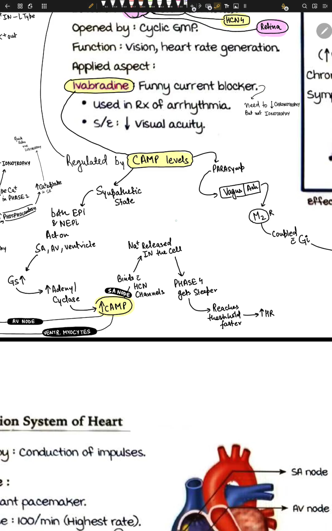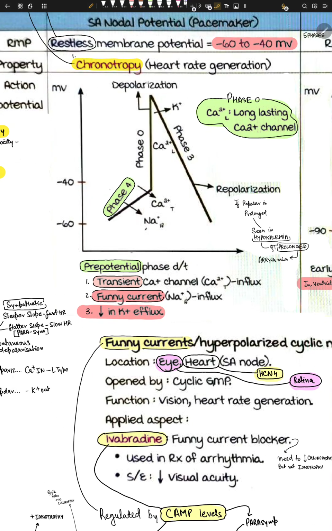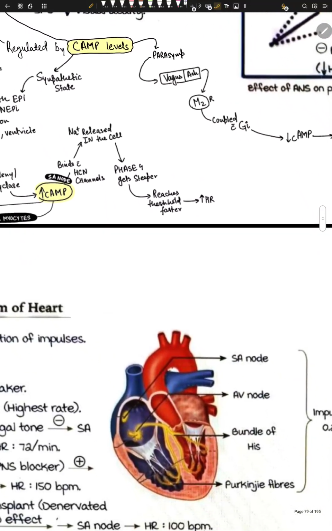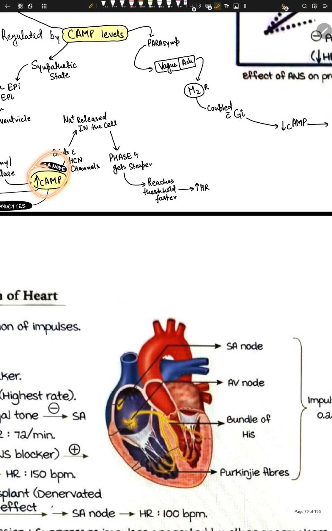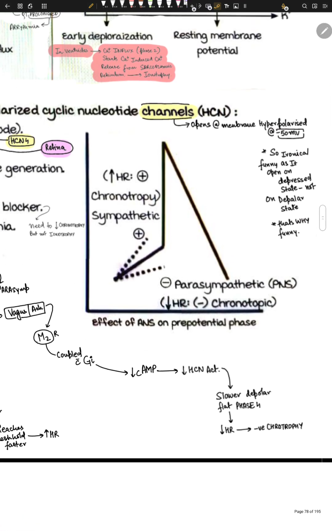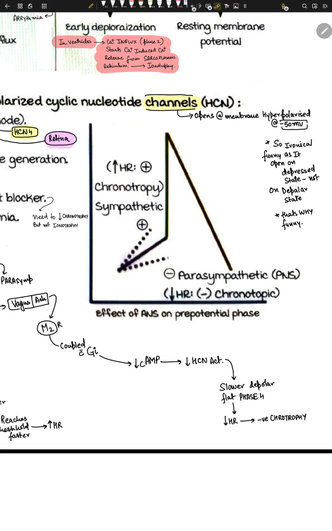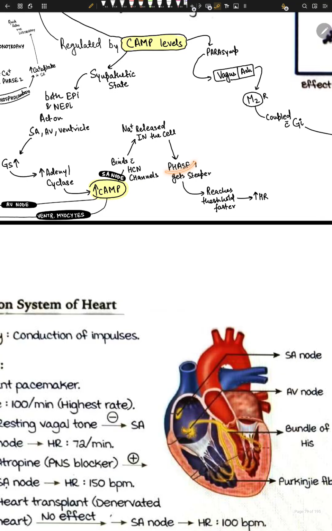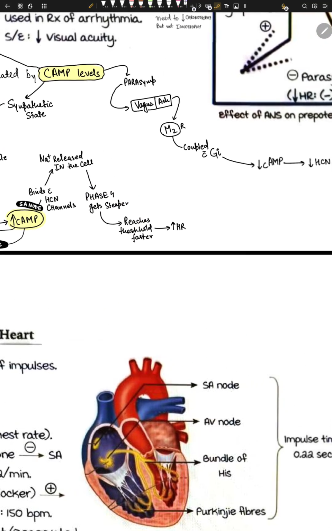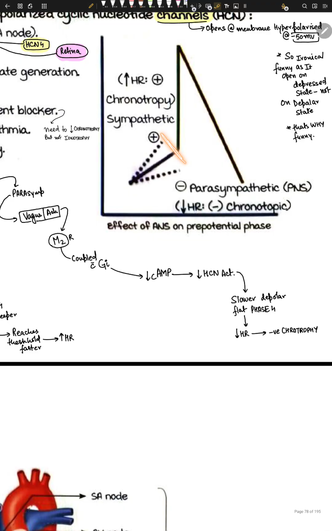So as you can see, this is phase 4, which has these funny currents, right? So cAMP opens up these HCN channels, sodium is released, and phase 4 gets steeper. Steeper means it is supposed to be that way, and now this is even steeper because more sodium is released in. It reaches threshold faster, of course. This was the threshold, right?